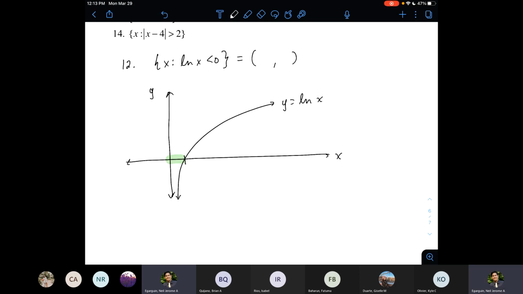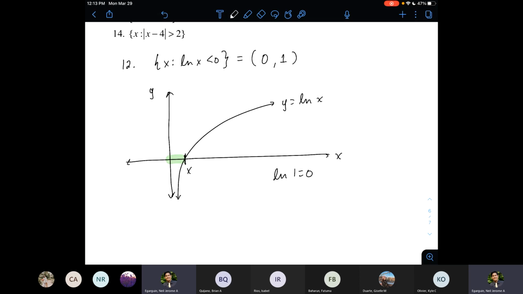I guess the left bound is obvious, right? Because the left bound should be equal to 0, because ln is defined only for positive numbers. So you start at 0. And then, Christina, you're correct. It's 0 to 1. Because remember, ln of 1 is equal to 0.